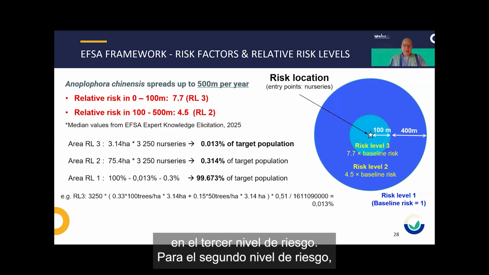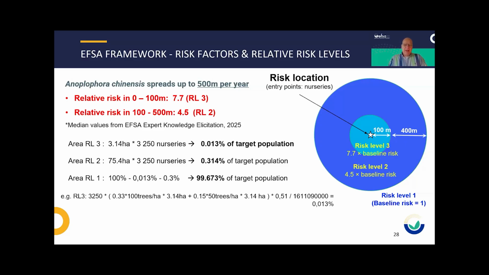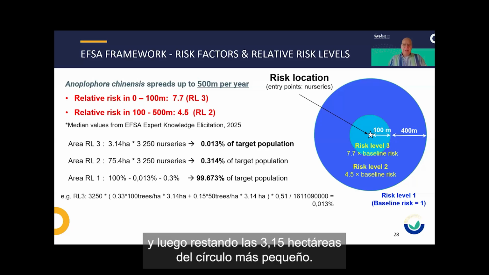When we do it now for risk level 2, that means we are taking the band from 100 meters to 500 meters, which ends up with around 75 hectares. You can calculate this yourself by calculating the area of a circle with 500 meters and then subtracting our 3.15 hectares.